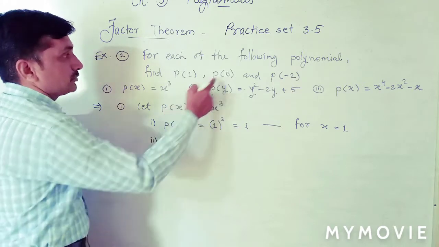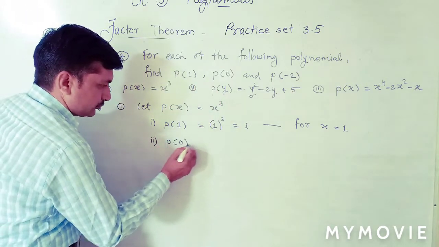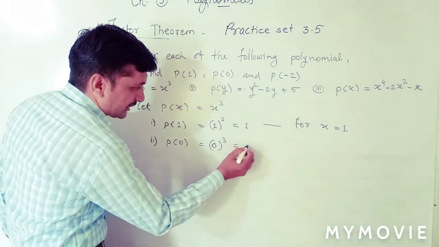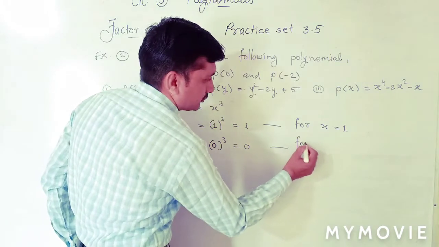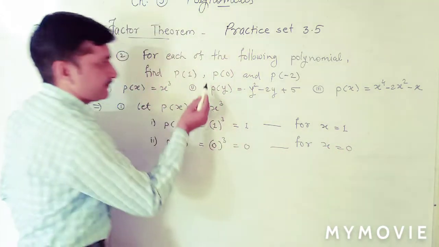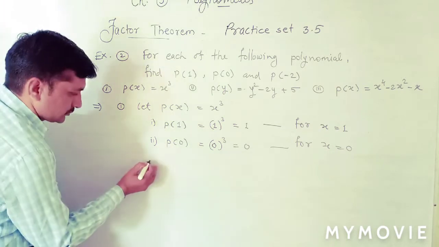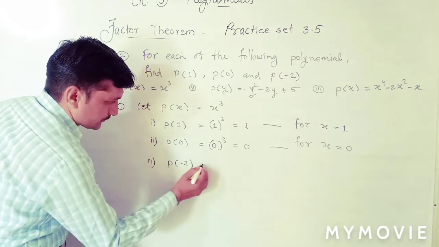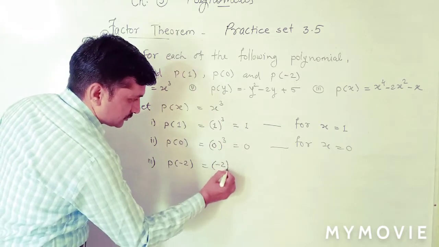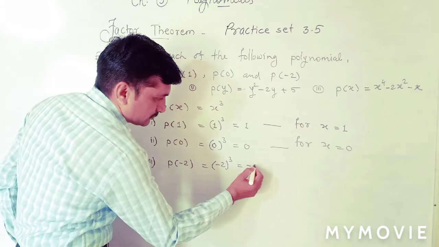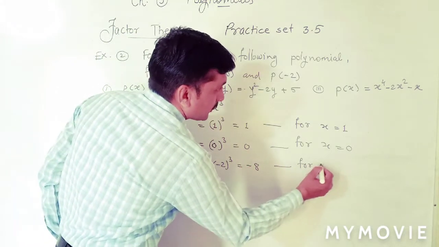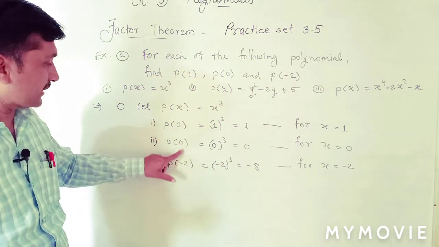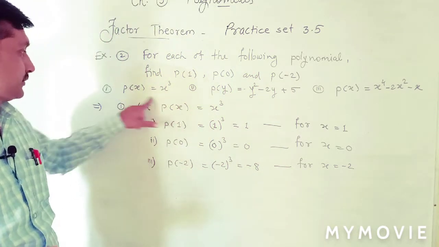Second, p of 0 is equal to, here x is equal to 0, 0 cube value is 0. Third, we want p of minus 2, then put x is equal to minus 2, minus 2 cube: 2 2s are 4, 4 2s are 8, minus 8. This is for x is equal to minus 2. Here we got three values for the first polynomial.